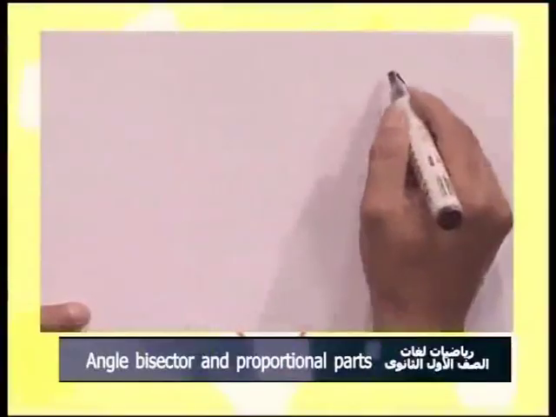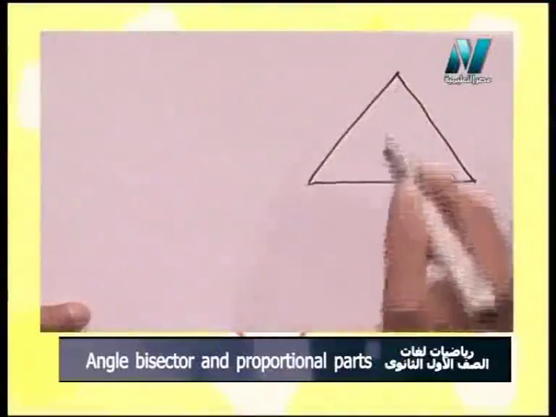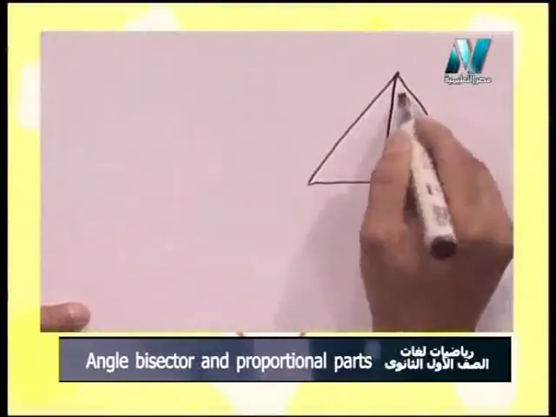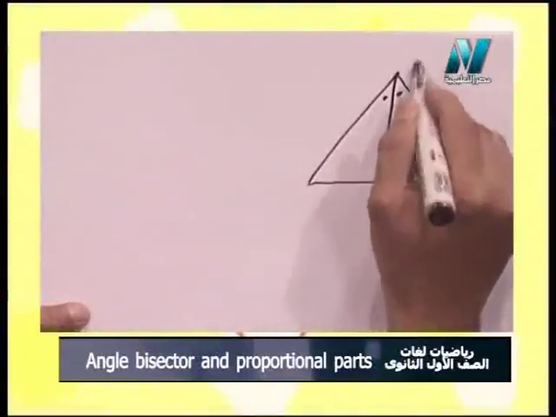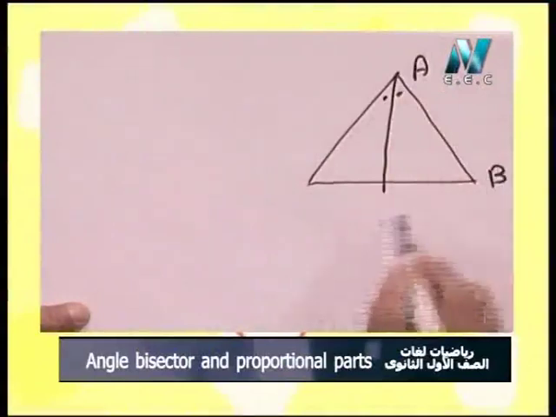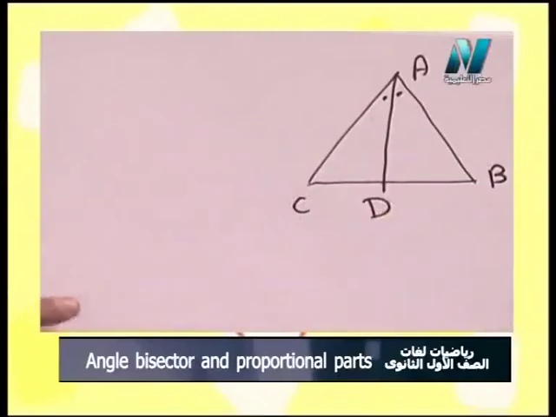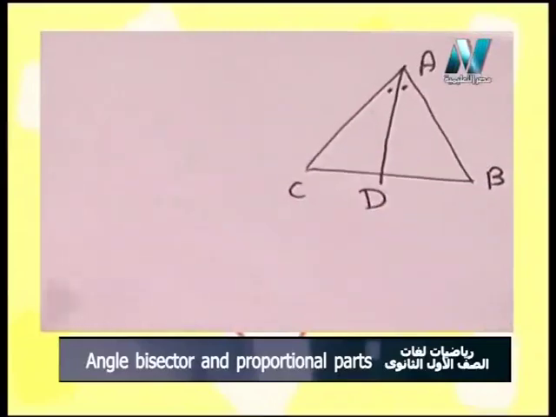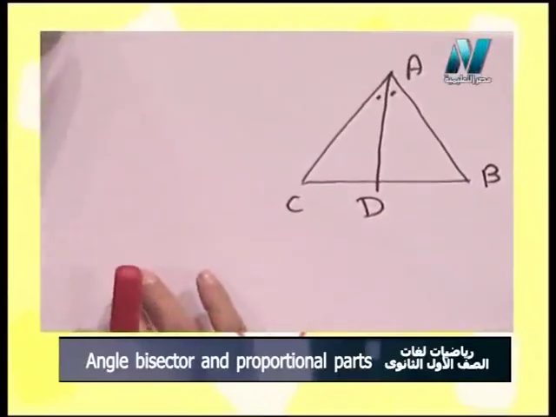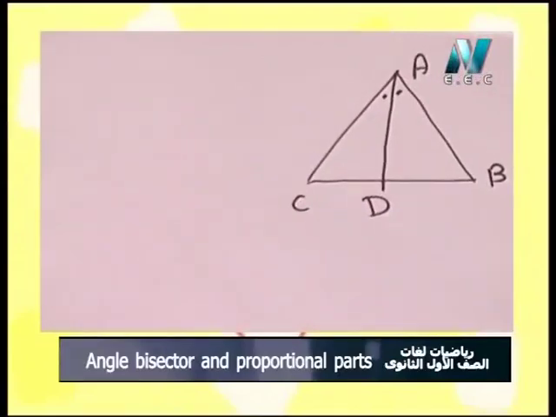If we have a triangle like that, and this is a bisector, triangle called ABC, and call this point D, and we have the lengths of sides.